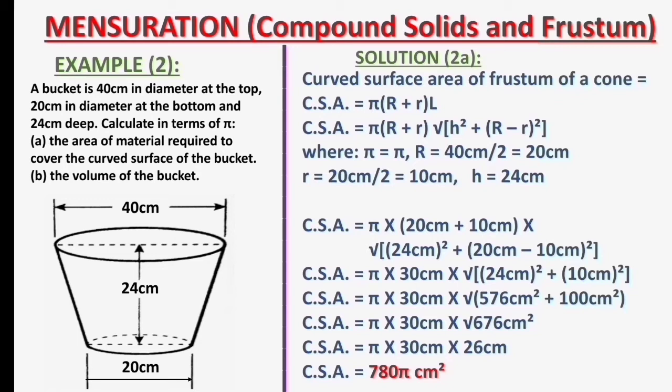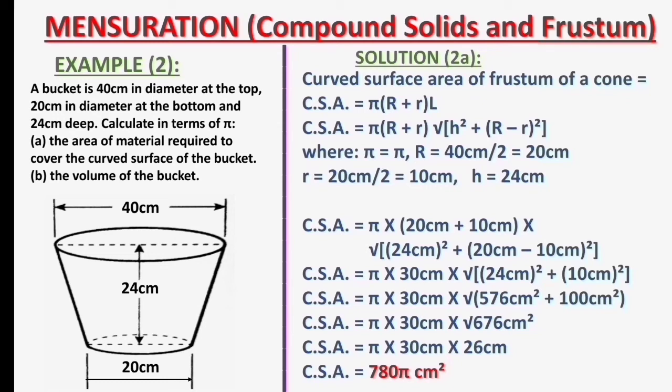The formula for the curved surface area of the frustum of a cone is pi into big radius plus small radius, multiplying the slant height. Now to get the slant height from Pythagoras' rule, it is the square root of a squared plus, in bracket, big R minus small r, all squared. Don't forget we are calculating in terms of pi, so pi is pi.